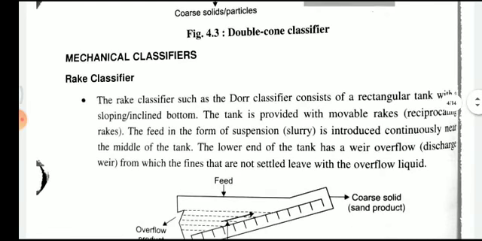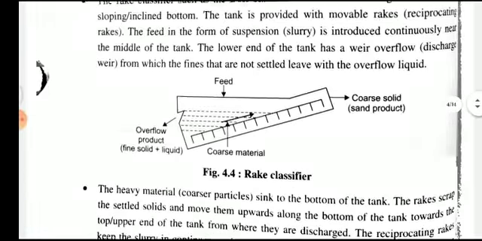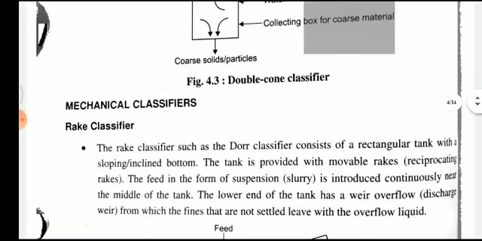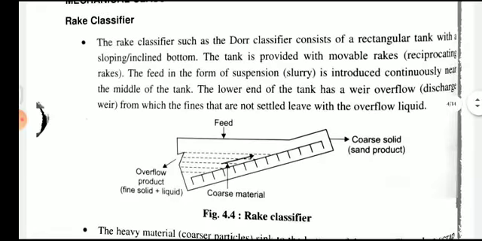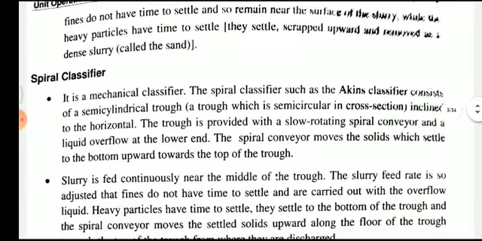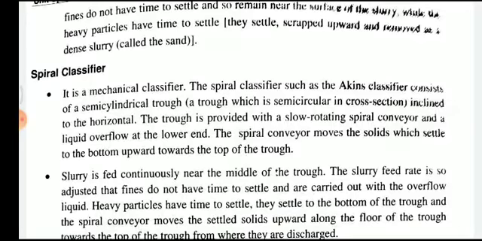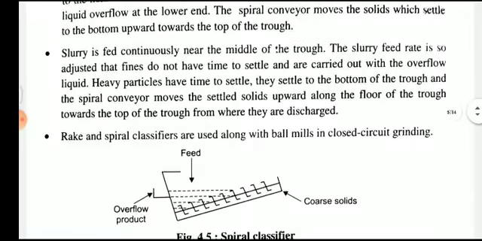So next one is the mechanical classifier. It is another type of classifier. Mechanical classifiers are of various types: the rake classifier, then the spiral classifier.